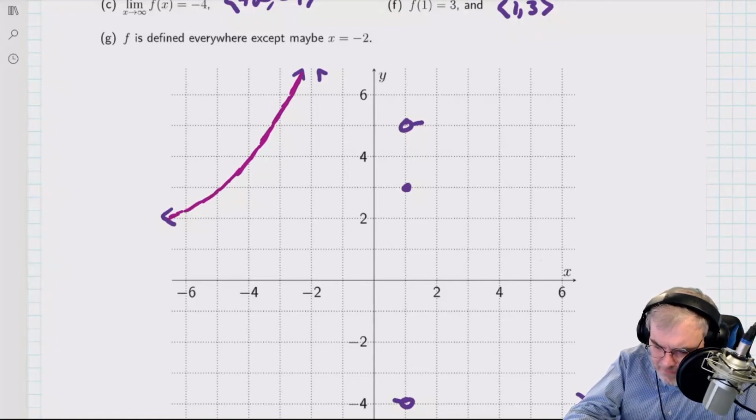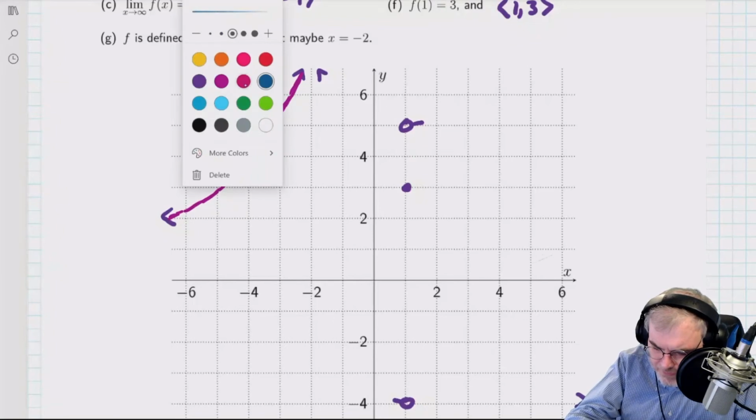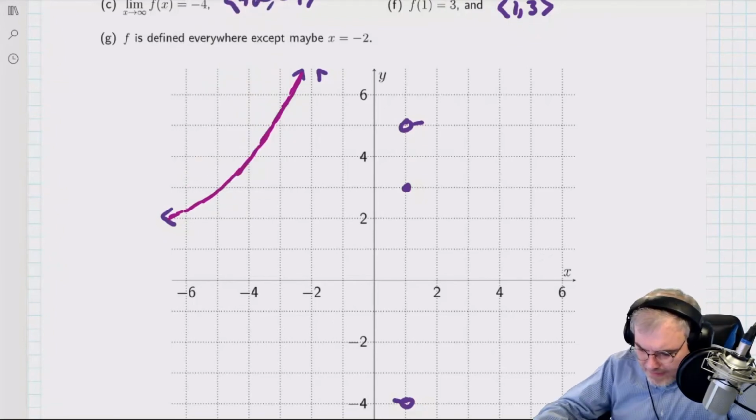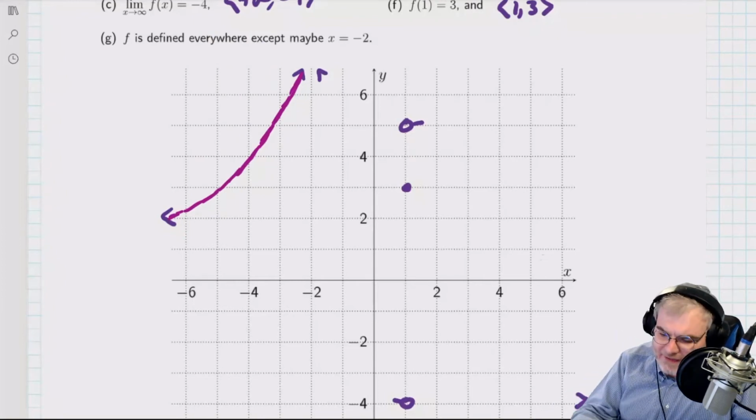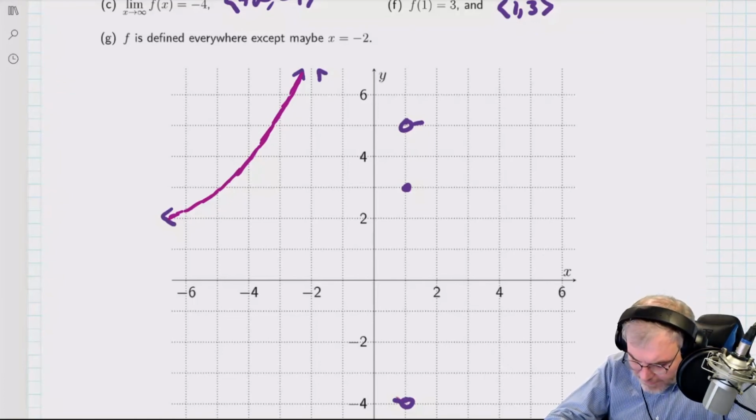Maybe a little pencil action would work better here. So let's see. I've got this point way down here, and this point way up here. That's going to be kind of an annoying thing to connect, but I'm going to do it.